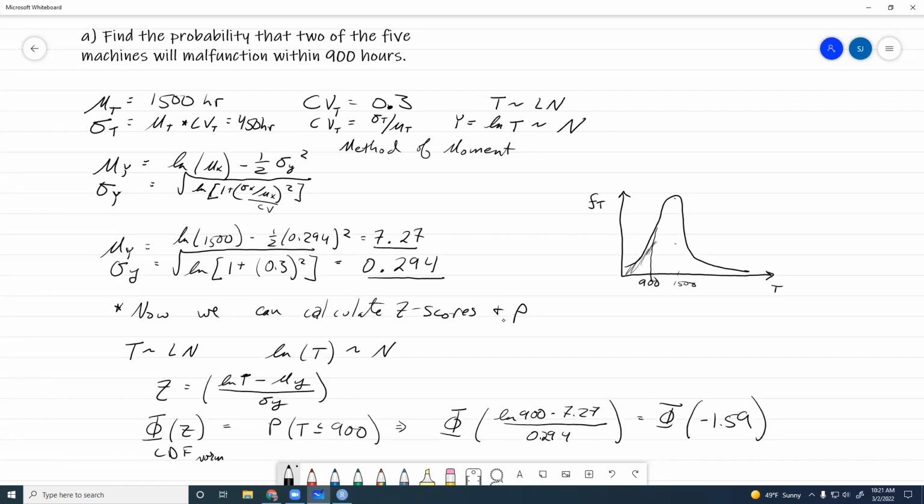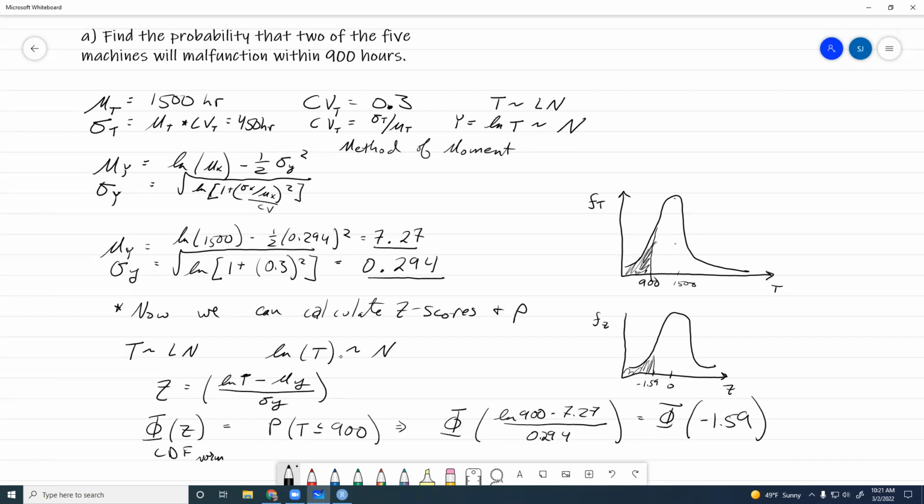So we're trying to find this cumulative probability up to 900. And now with the z-score, we've got the normal distribution, a standard normal variate with 0 in the middle, and we're finding the probability up to negative 1.59.